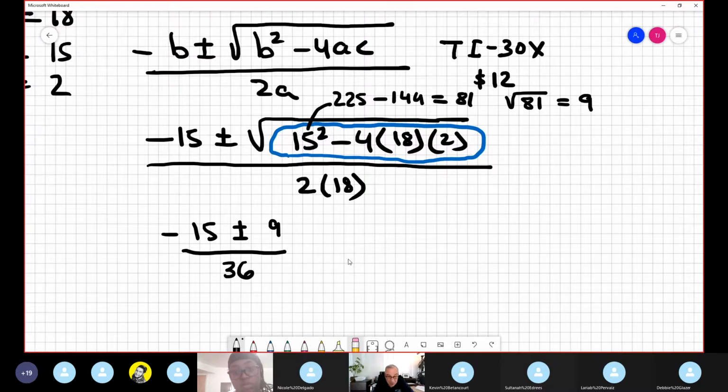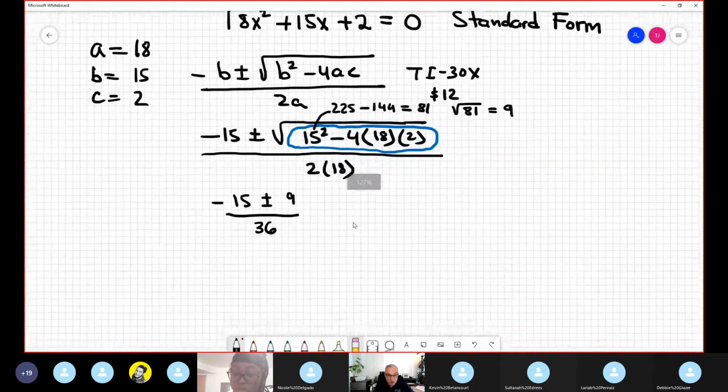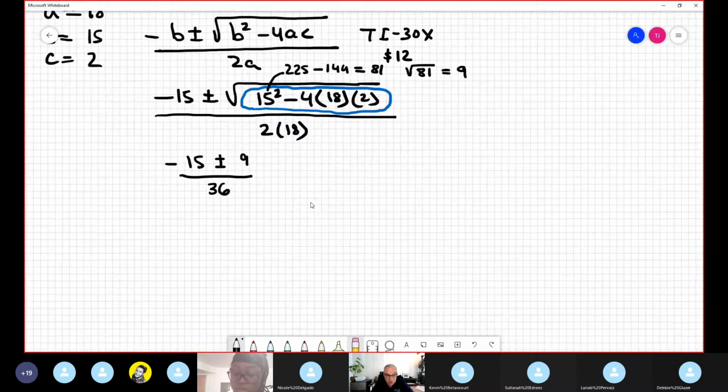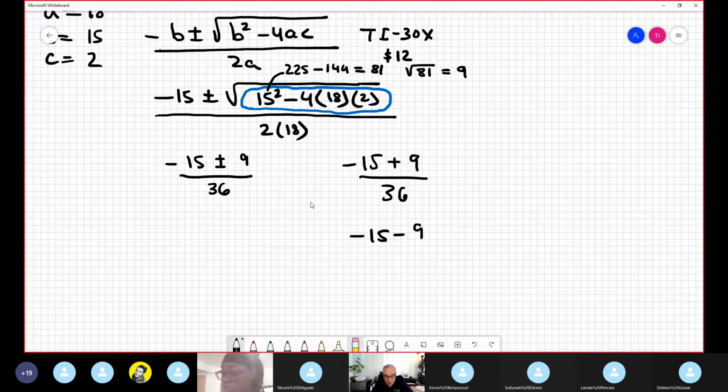At this moment, I highly recommend that you separate into pieces. You separate minus 15 plus 9 over 36 using the positive sign, and negative 15 minus 9 over 36 using the negative sign, and we compute separately.